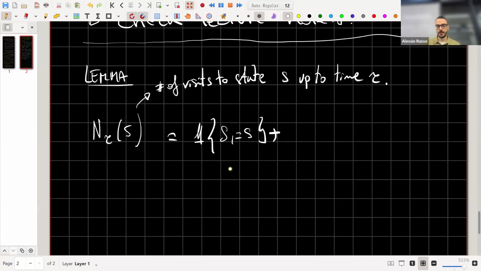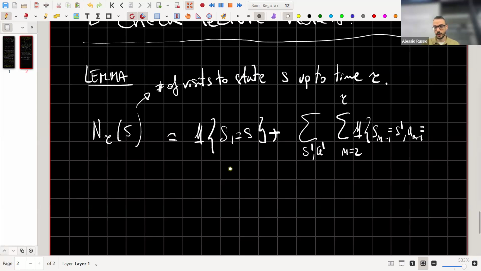The way we are going to write it is: sum over S' A', sum from n equal to 2 up to τ, of the indicator function that at S_{n-1} we were in S', at A_{n-1} we were in A', and S_n is equal to S. So if τ is equal to 1, we have only this term here.